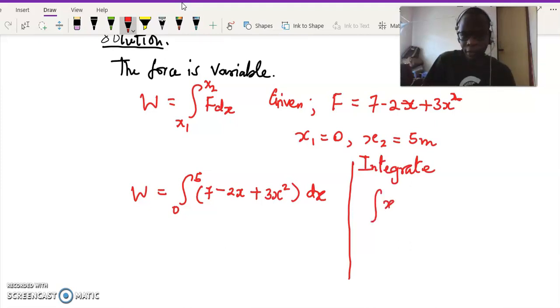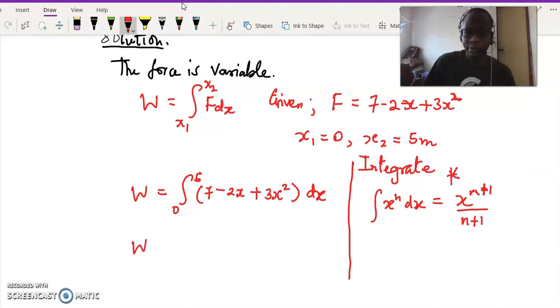So if you have a value x raised to n dx, then that can be integrated in such a way that we add 1 to this power so that we have x raised to n plus 1, divided by the power that you have just found, so you have n plus 1. So always remember this when you are doing integration.